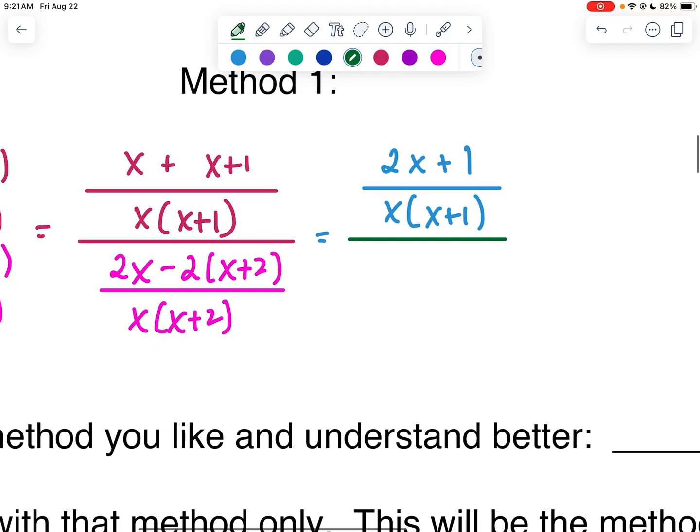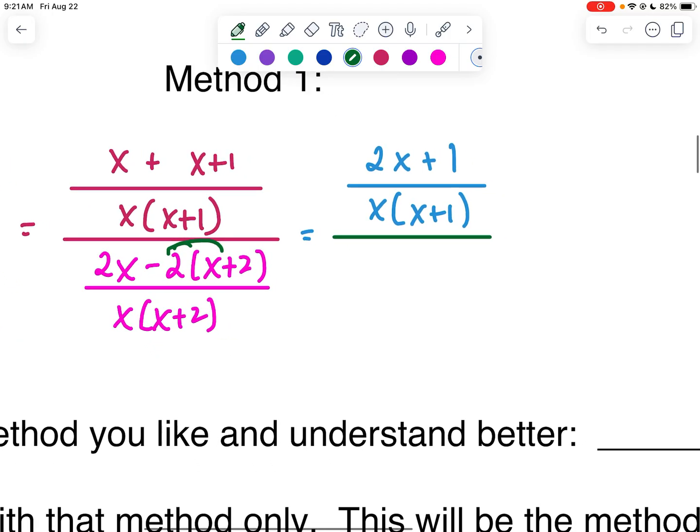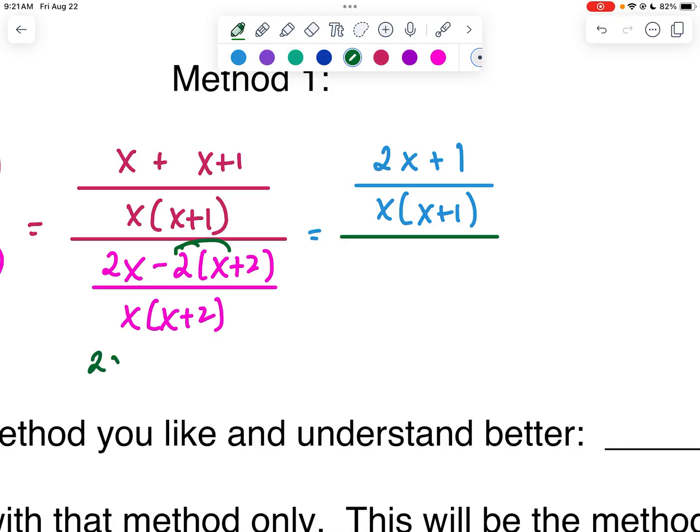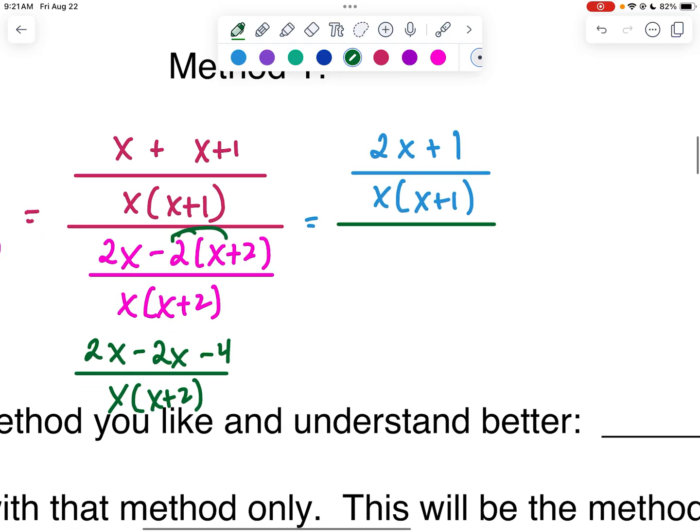I will have to do some distribution, so this guy actually becomes 2x minus 2x minus 4 all over x plus 2. What happens to my two x's? They cancel out. All right, what's next? So I'm left with a negative 4 all over x plus 2.